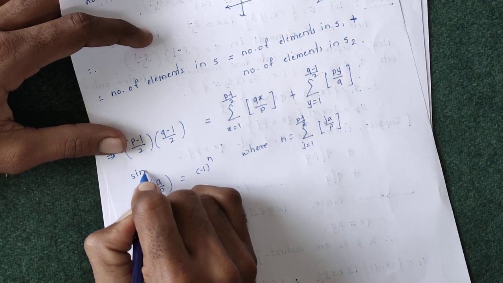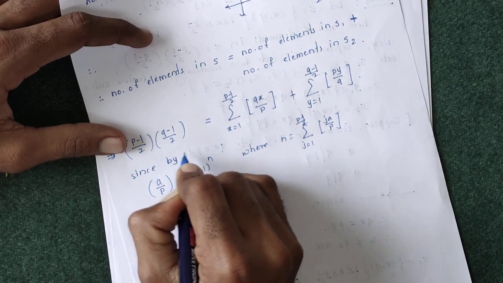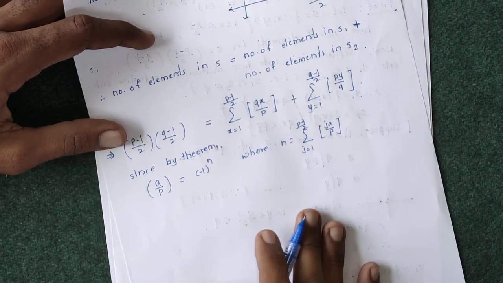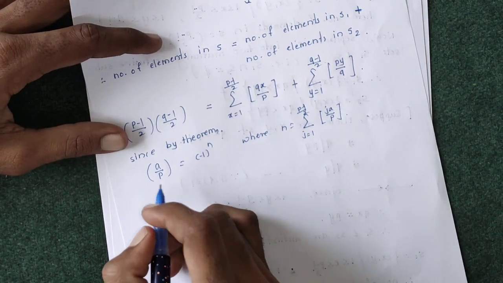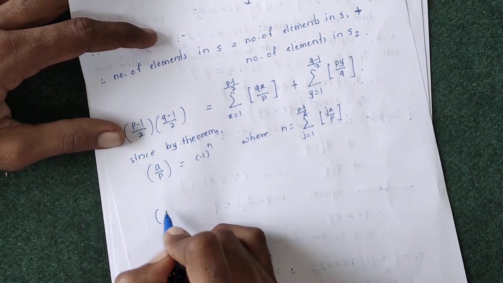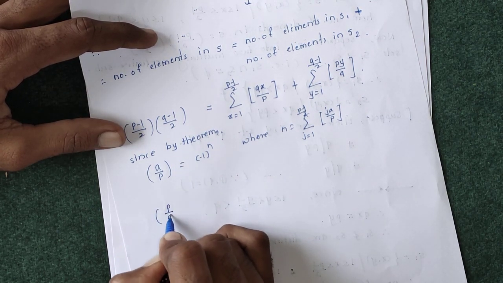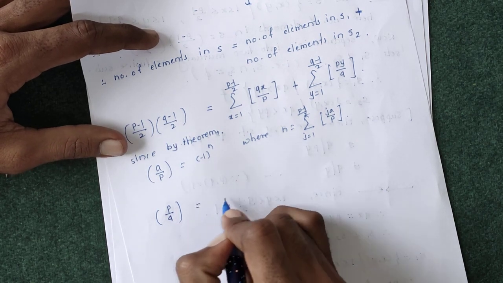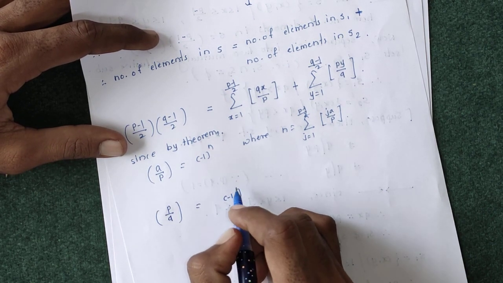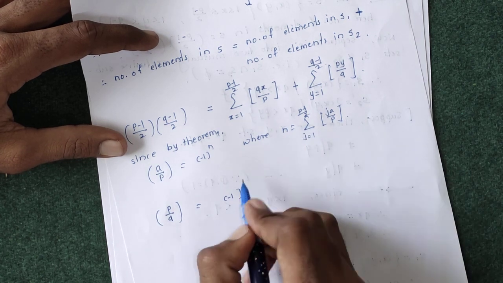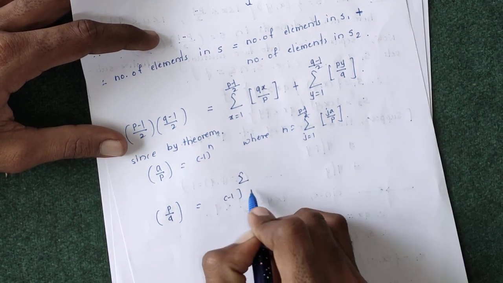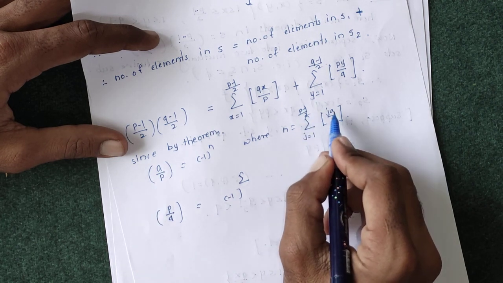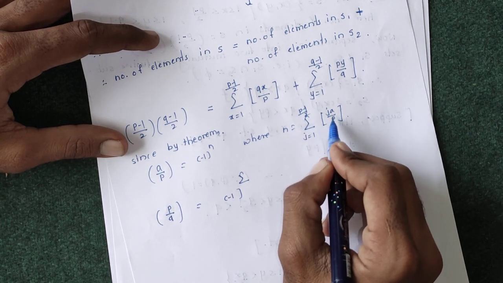By this theorem, we can find the Legendre symbol of p and q. Using this result, we can write the Legendre symbol of p and q equals (-1) raised to n, where n is of this form.